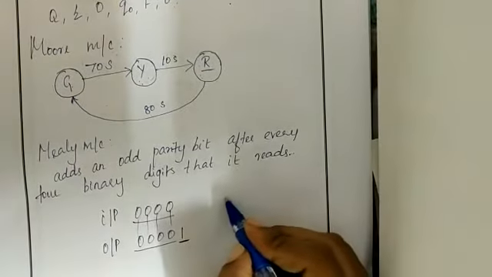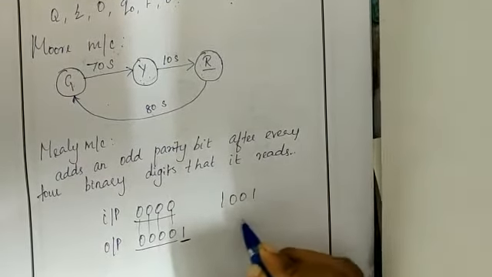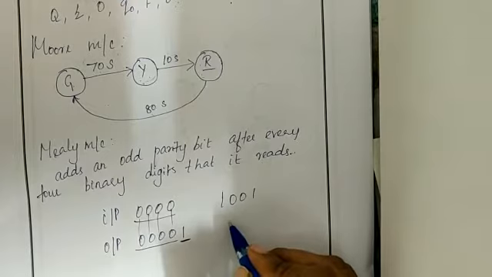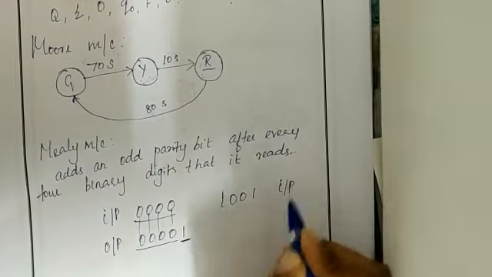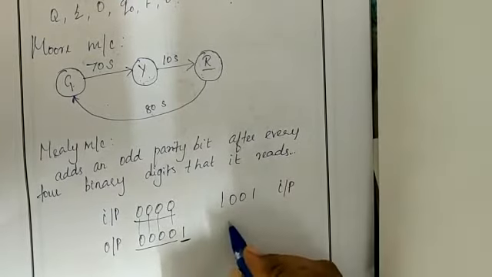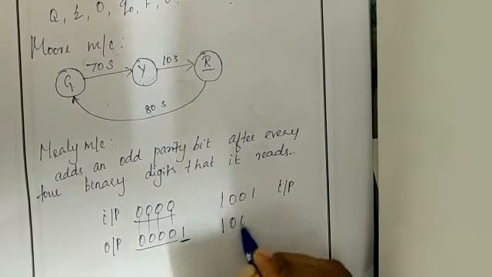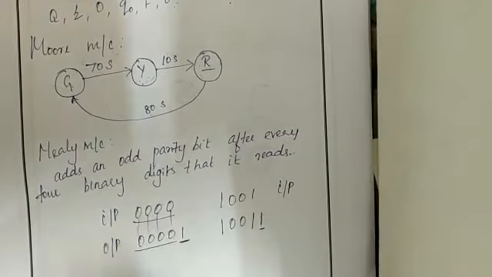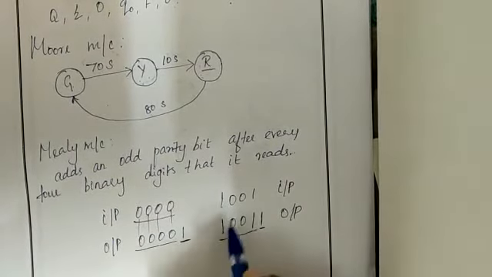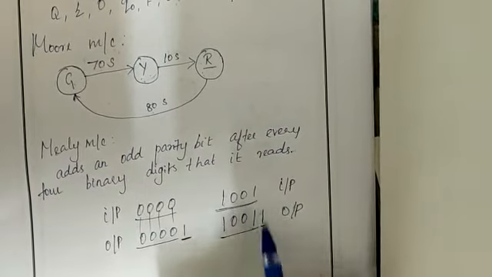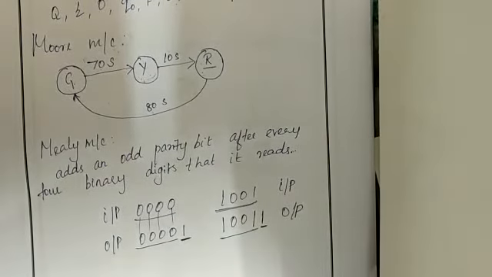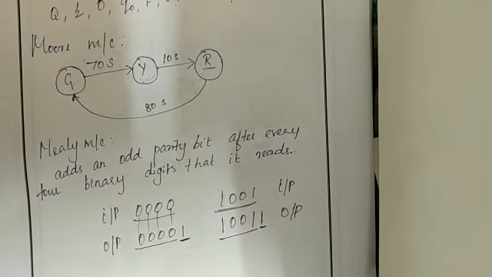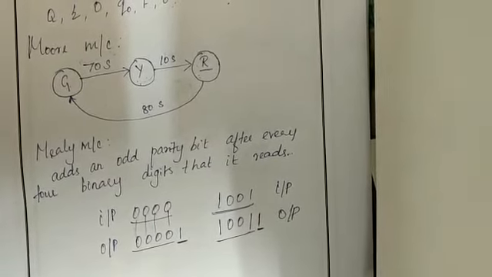Suppose it reads a bit like this, if this is my input, what will be my output? The same 4 digits plus a parity bit. This will be my output. First 4 bits are the same as my input plus a parity bit. So we can discuss this sum.